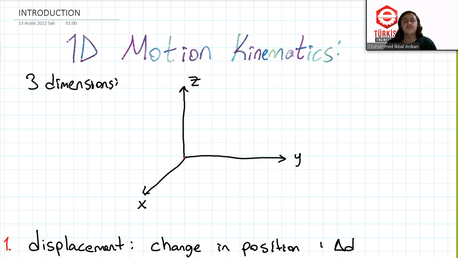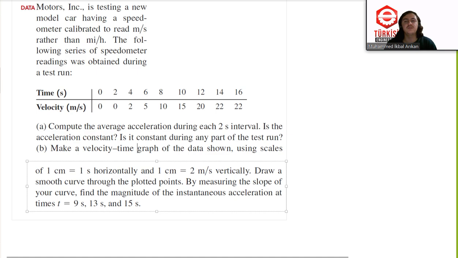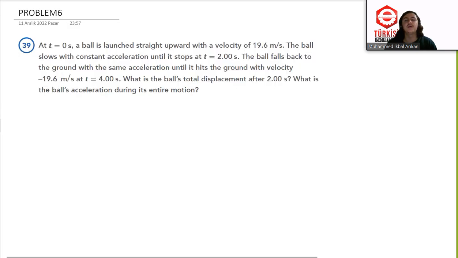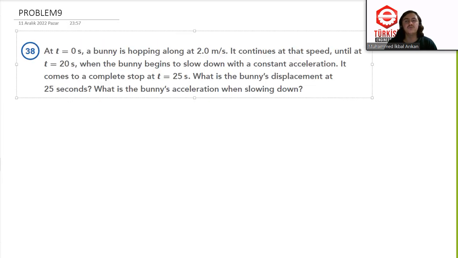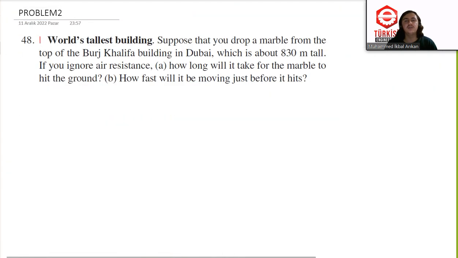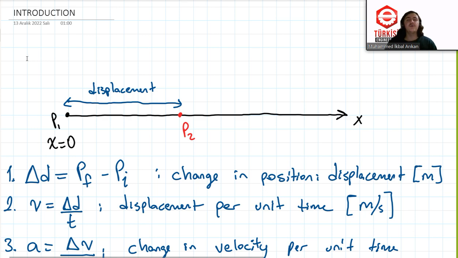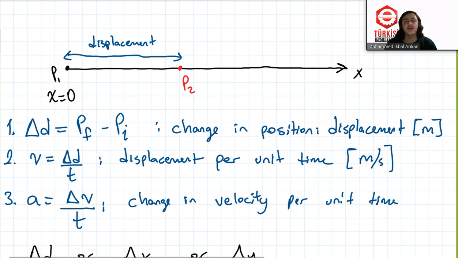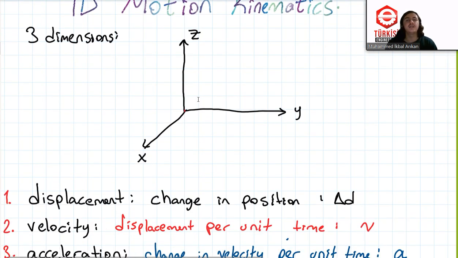So we have some different problems related to motion and non-uniform motion. Then we will study free fall, which is a type of motion, and it happens in the y direction. If our motion is in the x direction, just assume your car is going east.